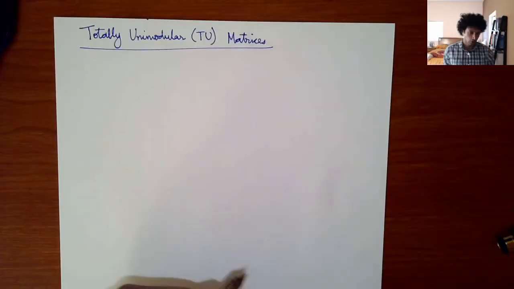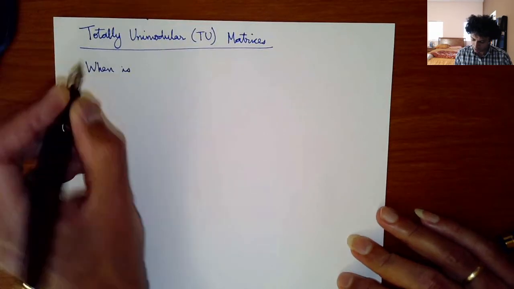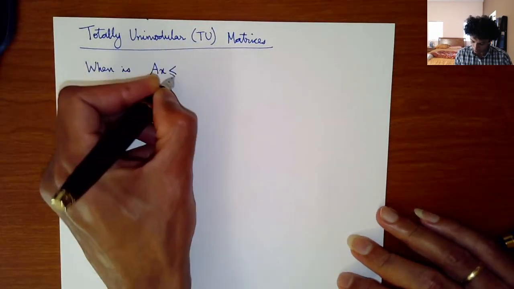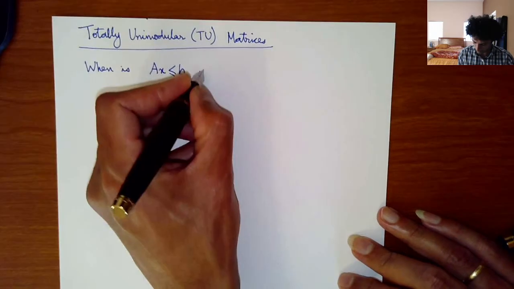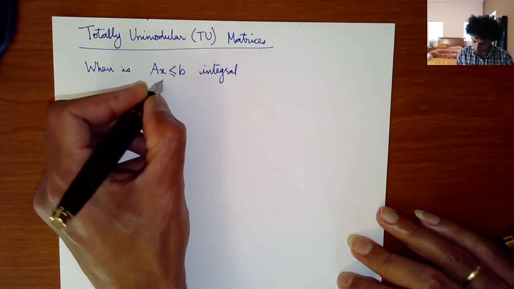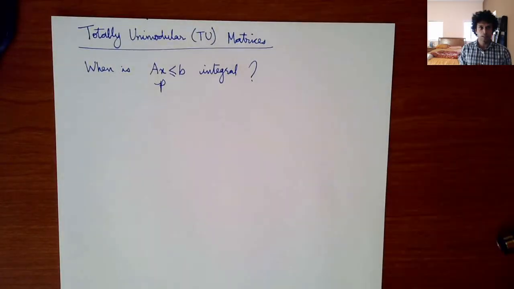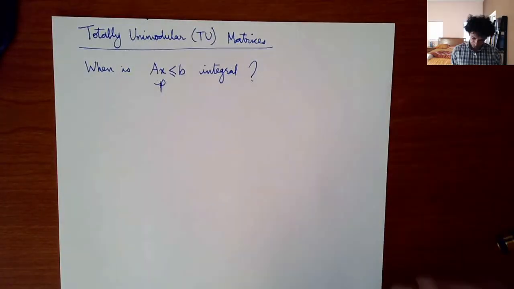Another way of framing what we've discussed so far is asking, when is Ax less than or equal to b integral? Because this gives a polytope. So when is this polytope integral? And remarkably, there is a fairly clean answer to this.